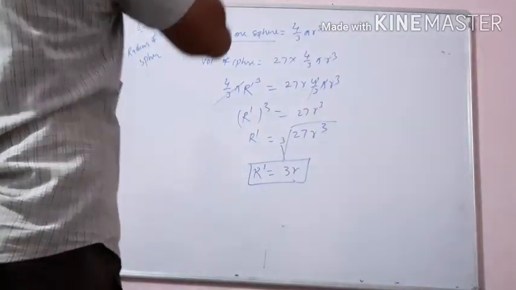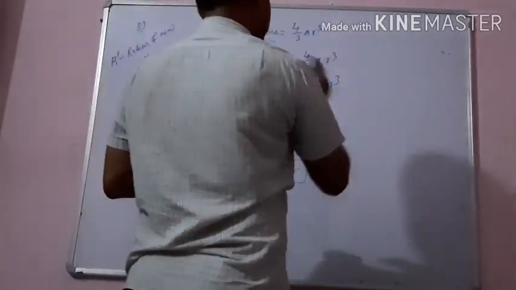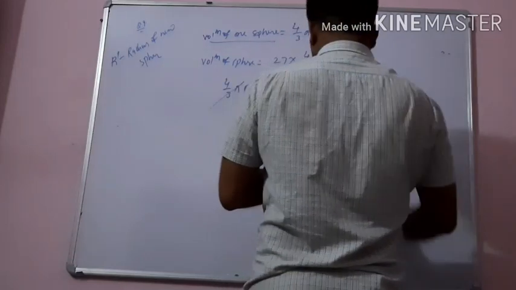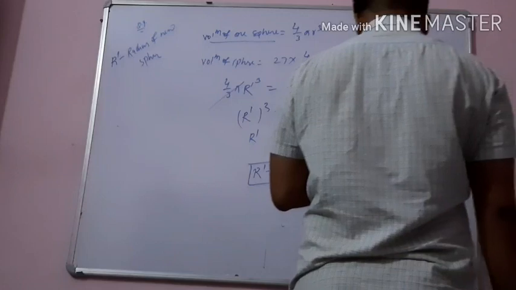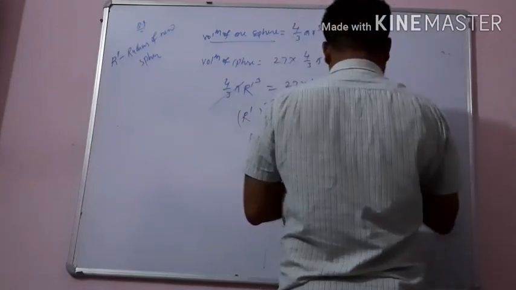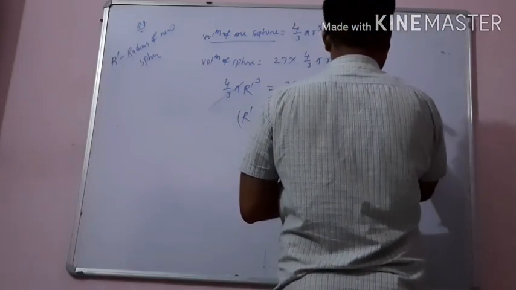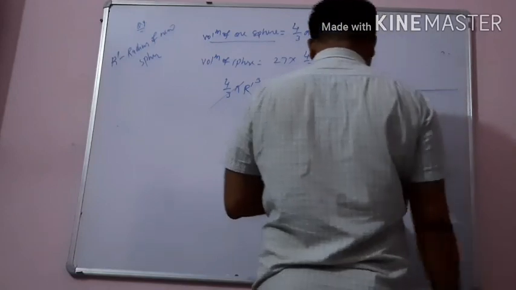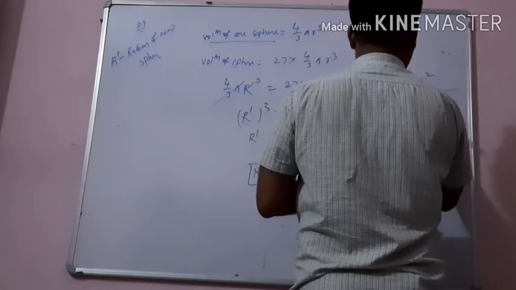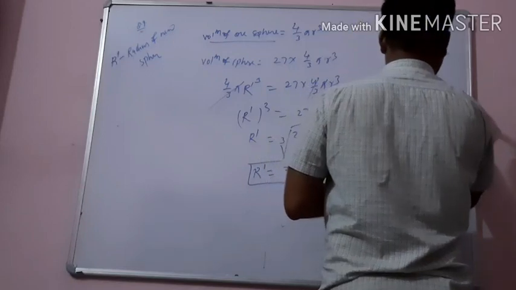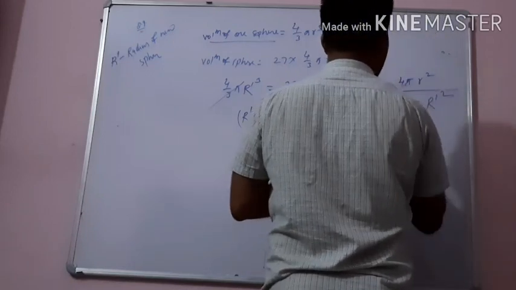Now we have to find the ratio of S to S dash. So 4 pi r square upon 4 pi r dash square. 4 pi cancels.